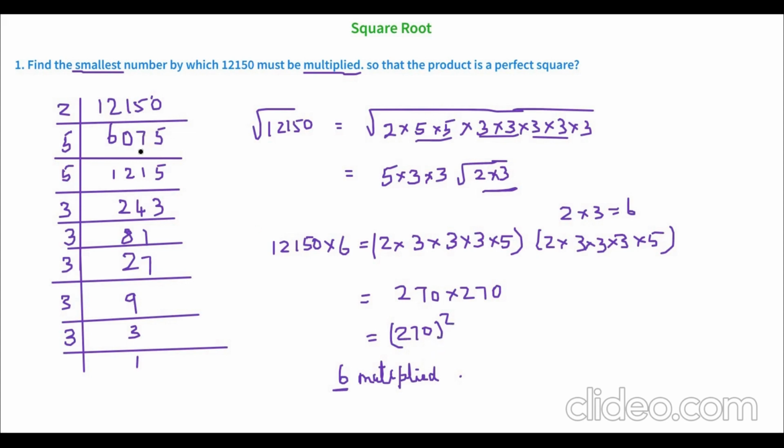So we will first find the square root and see which number is remaining, and then we multiply those numbers, which is 6. So since 6 is the remaining number, we will multiply this bigger number with 6 and find the square root of that. So the square root of that is 270. You can either leave it like this or you can find till this. Both are right.